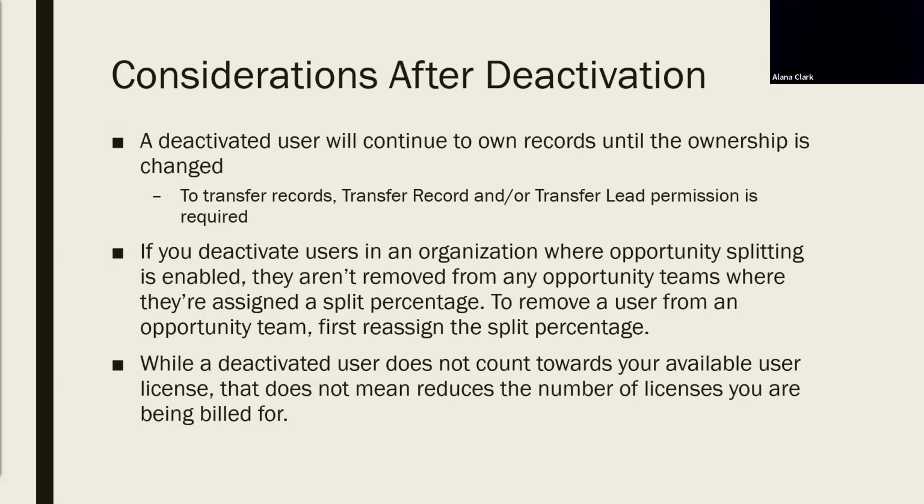Also, if you deactivate users in an organization where you have opportunity splitting enabled, they are not going to be removed from their assignment. I'm quite unfamiliar with how that all works, but that was a note in there, so I figured I would share for those that might utilize opportunity splitting or if that's part of the exam.